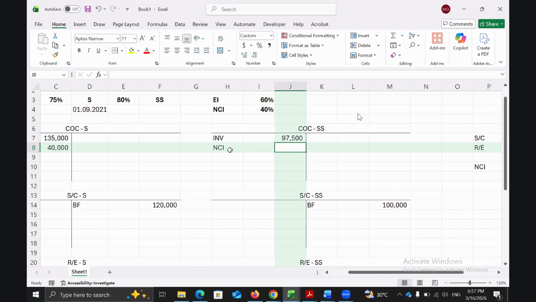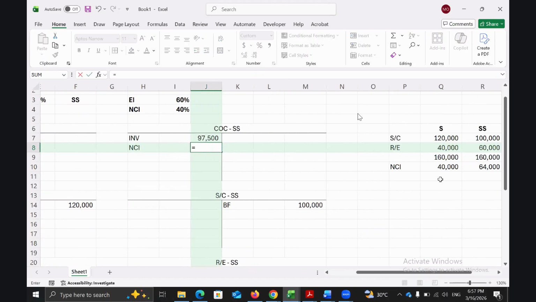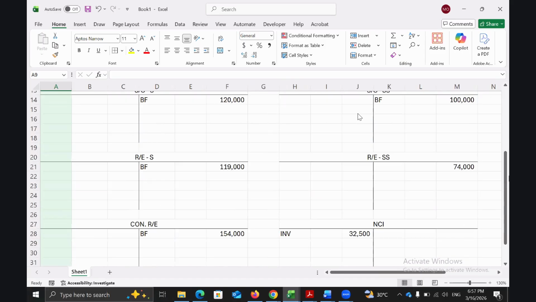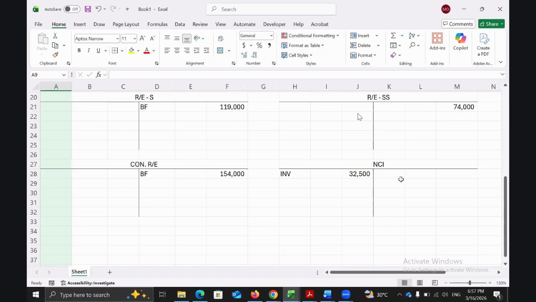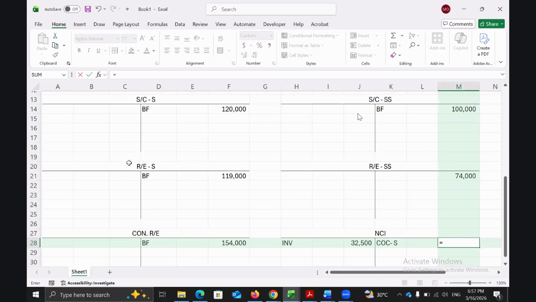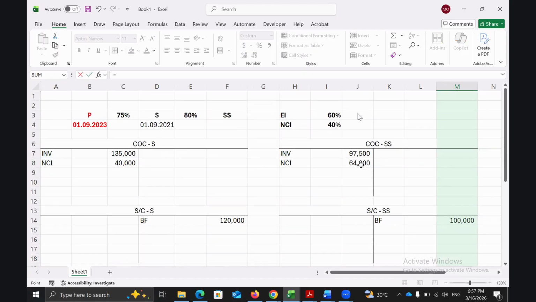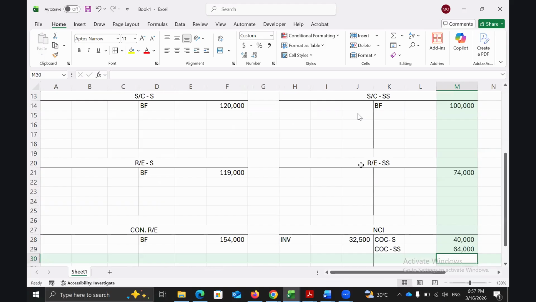Here it's 64,000. COC debit, NCI credit. That's double entry.